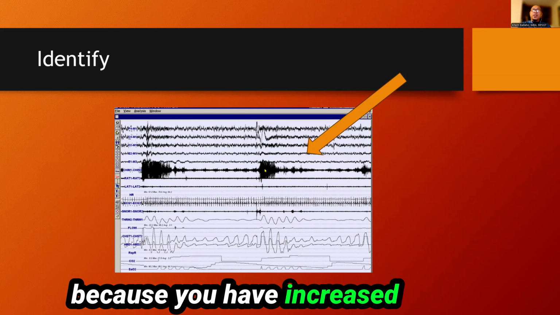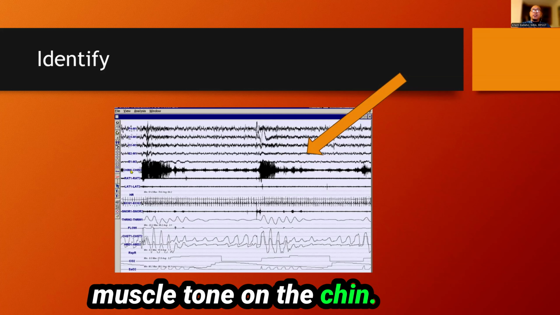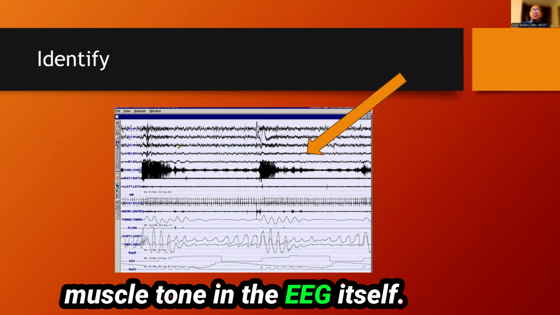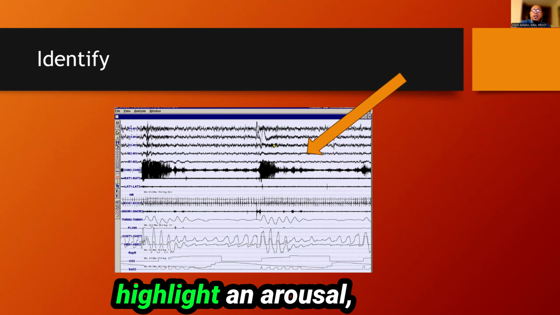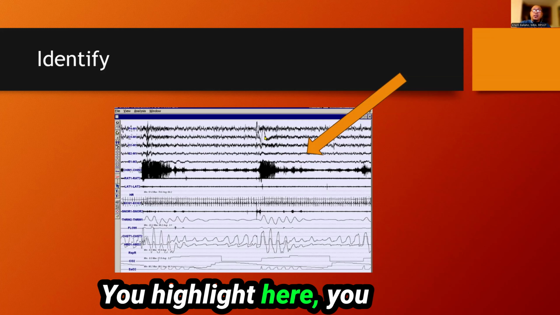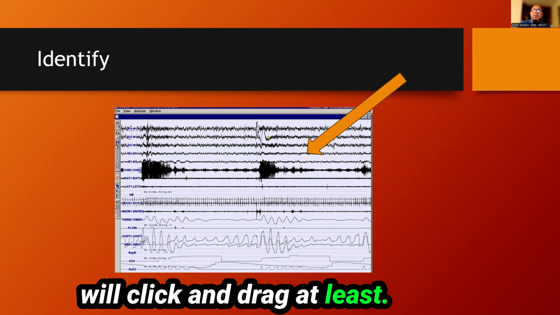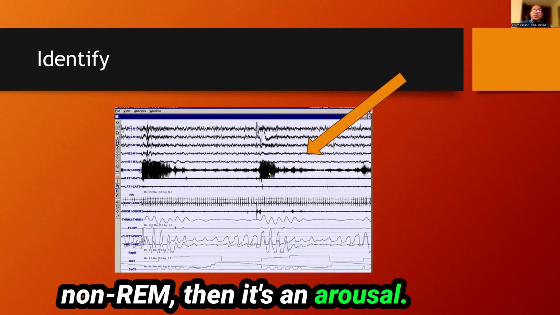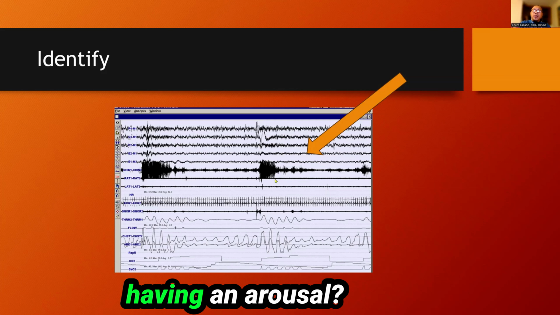Because you have increased muscle tone on the chin, and increased muscle tone in the EEG itself. Typically, when you highlight an arousal, it's on the central area. You click and drag, and if it's at least 3 seconds in non-REM, then it's an arousal. But why is this patient having an arousal?